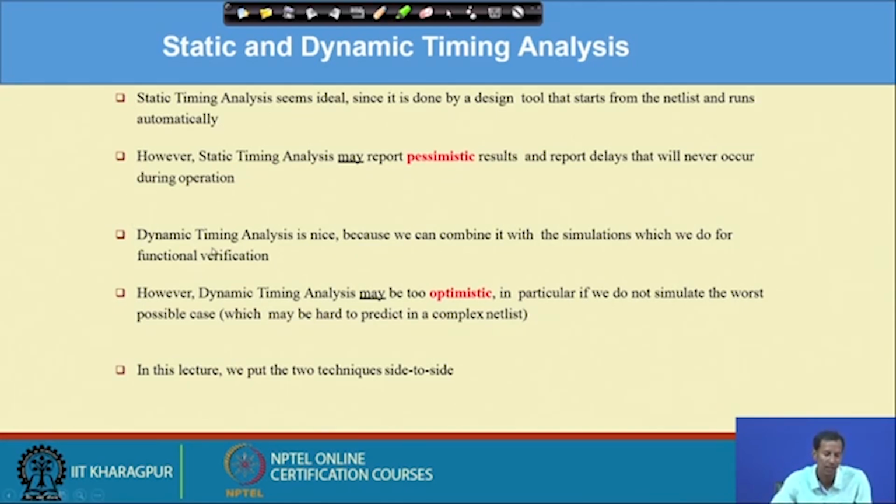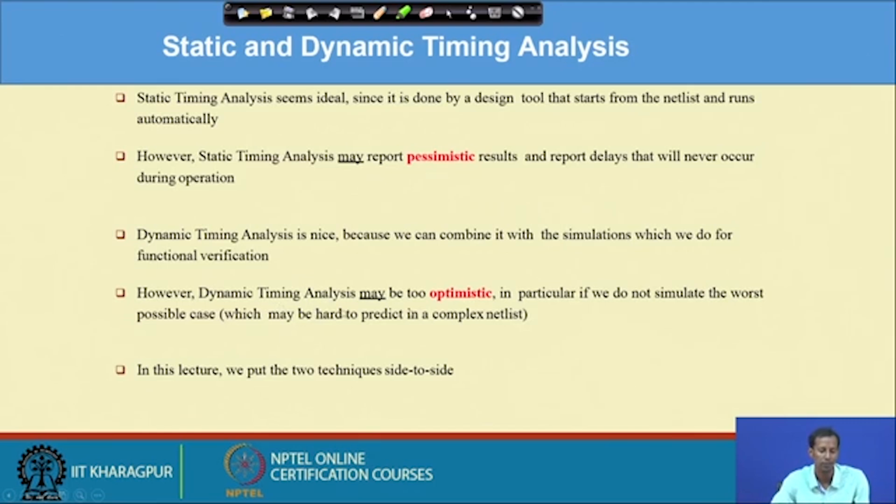So this dynamic timing analysis is very important, because we can combine it with the simulation which we do for the functional verification. Not only for functional verification: during testing, whatever test vectors we give, those stimuli we can put in the simulation itself, and then we can check the timing analysis, or the timing requirement, for that particular design.